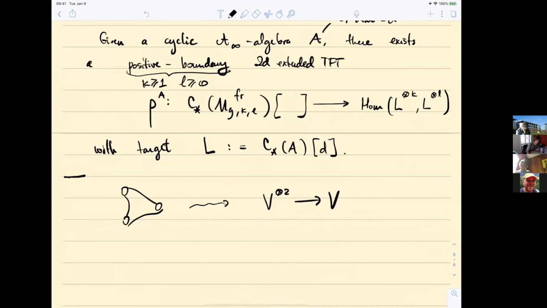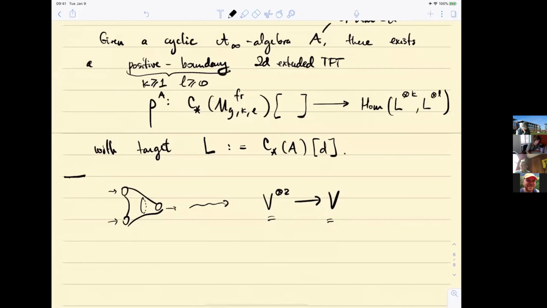I hope maybe people have seen something of this sort. I'm taking here a pair of pants, and to a pair of pants I associate a map between two copies of a vector space and one copy of the vector space, because I think of this as having two input boundary circles and one output boundary circle.